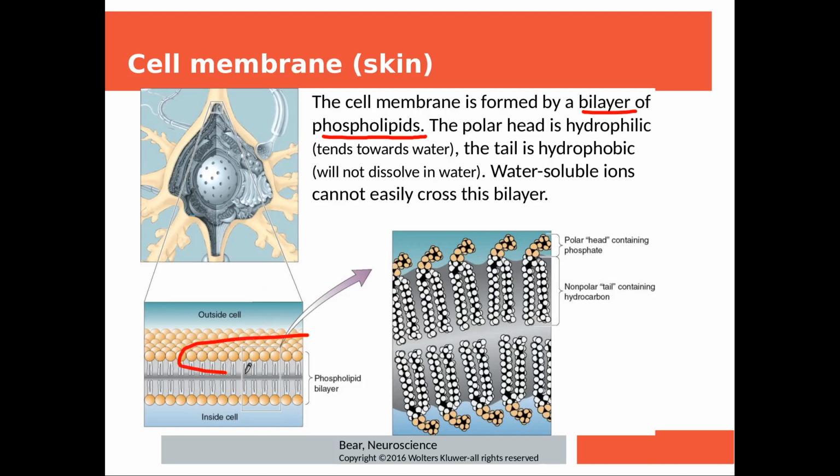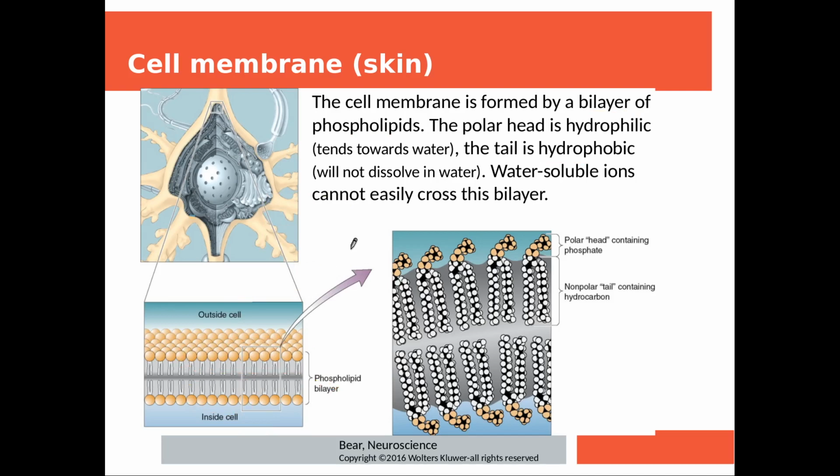So basically fats, a special type of fats that are sort of waterproof. They push water away, it's hydrophobic. So it's kind of a waterproof skin that keeps water inside and keeps the water outside.